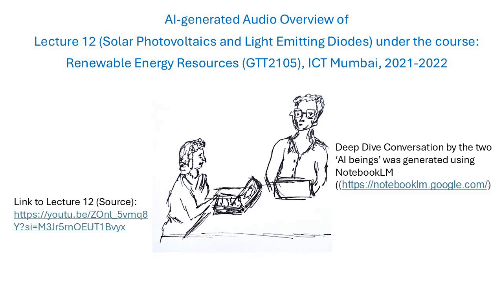Absolutely. And what's truly important for you, the listener, to take away is hopefully an appreciation for the fundamental science that underpins these transformative technologies. Right. And also an awareness of the continuous ongoing efforts to push the boundaries, improving efficiency, driving down costs, and overcoming the remaining practical challenges in both solar PV and LED development. It's a field that's constantly moving.